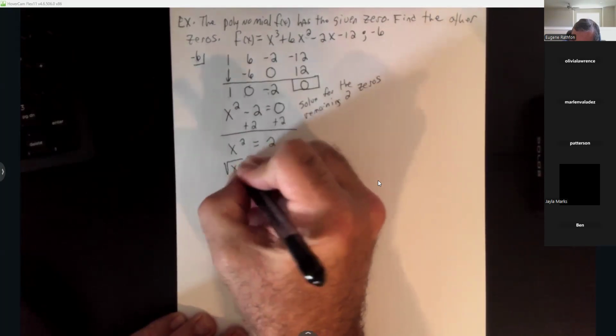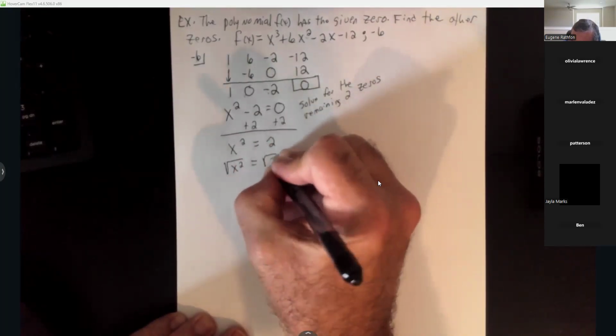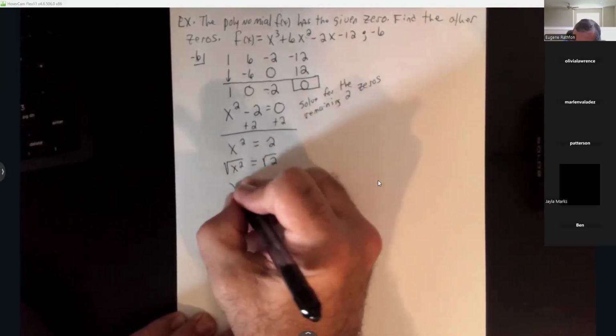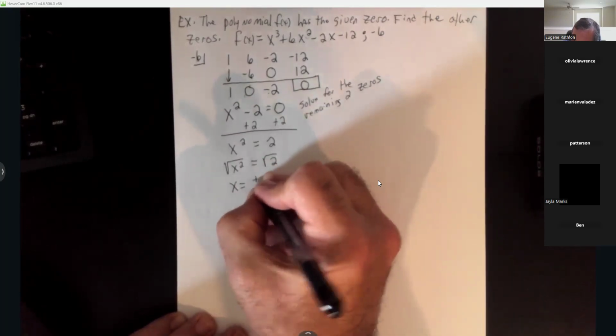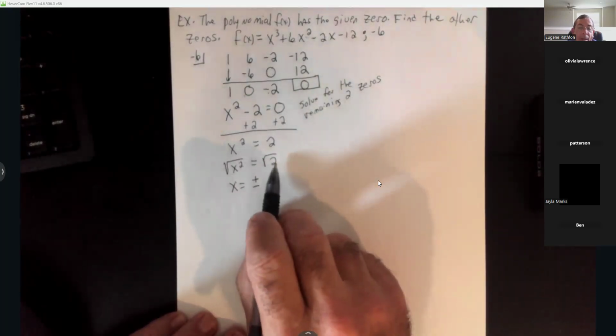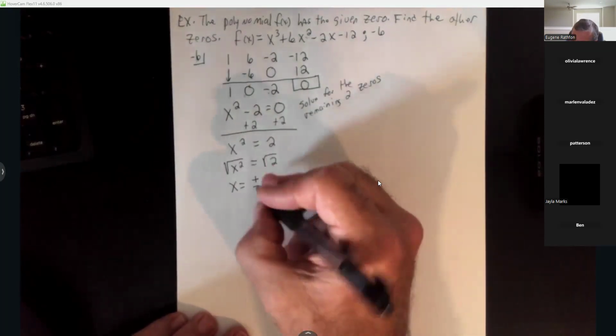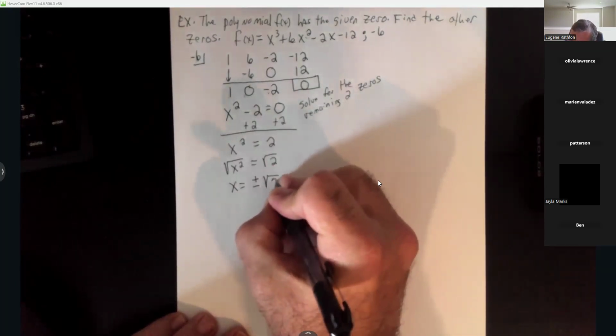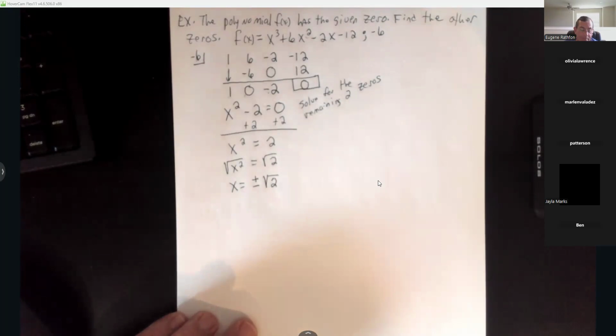I'm going to do the square root of both sides. So that's going to give me an x equals a plus or minus. And y'all, I can't take the square root of 2, so I'm going to leave that square root of 2.